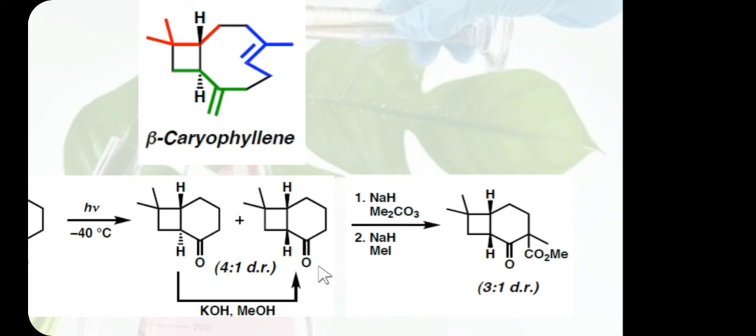This beta keto ester is again treated with sodium hydride and methyl iodide. The methylation will occur at the active methylene group, which is present in between CO2Me and the carbonyl. So we get the methylation over here, and now this derivative is used for the next reaction.